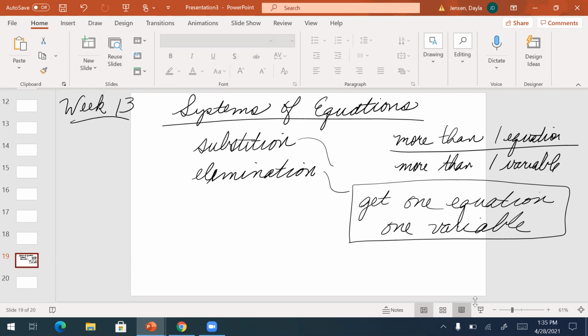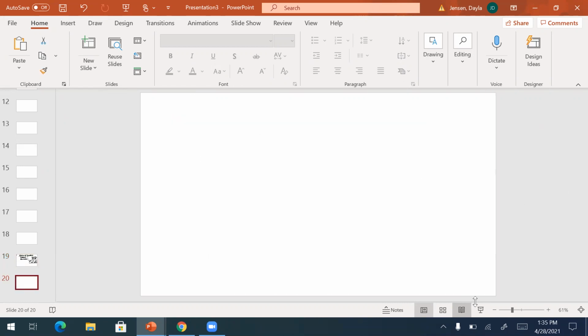So this first word problem we can look at. I'll just read it and then write down what I know. A textbook store sold a combined total of 300 history books and sociology books in 1 week.